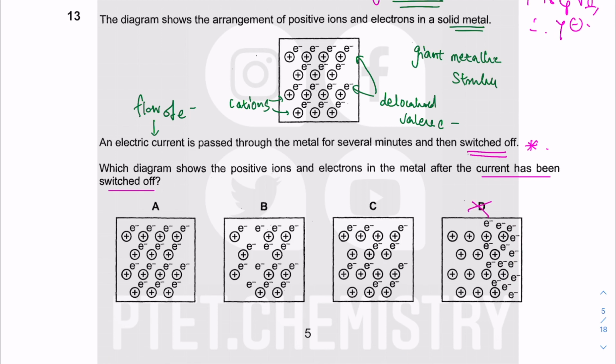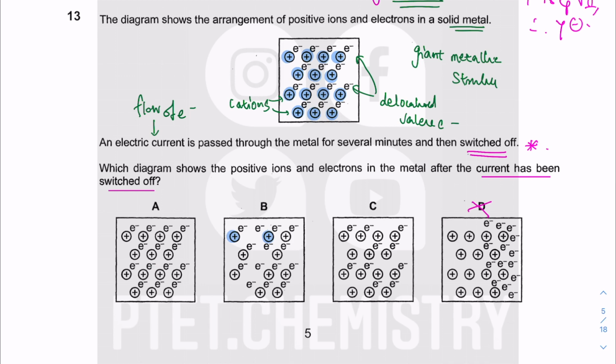So what do I have? What looks like a correct option here? I don't know what is the best way to visualize this. You do not replace the cation. If you see here, you have 1, 2, 3, 4, 5, 6, 7, 8, 9, 10, 11, 12, 13, 14. So this looks exactly like this. So this must be 14 cations.